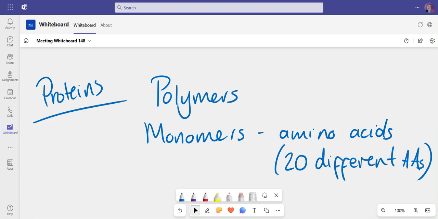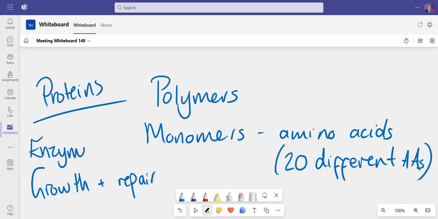Every protein has a specific shape, and the reason it has that shape is because it's got a specific sequence of amino acids. Now, we tend to say the function of proteins is growth and repair. That's a bit of a simplification because proteins are used for lots of things. For example, enzymes are proteins, and enzymes are needed to catalyze every single reaction.